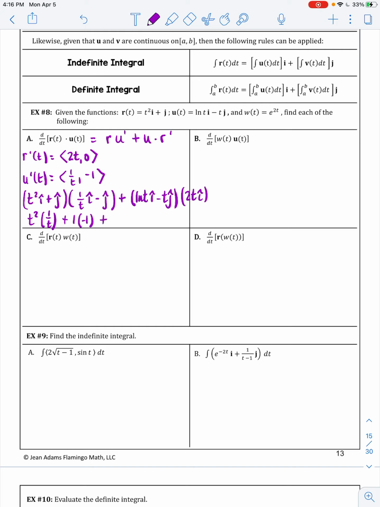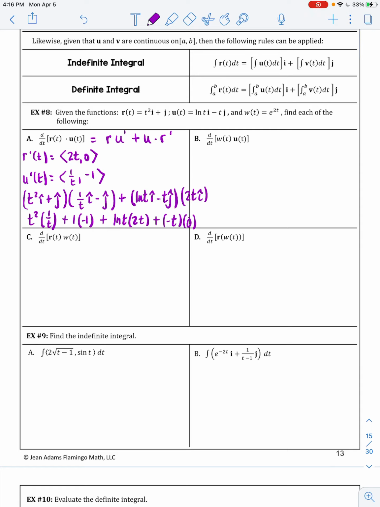And then plus, we've got our ln t times 2t plus our negative t times 0.